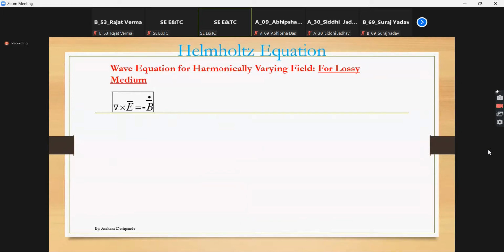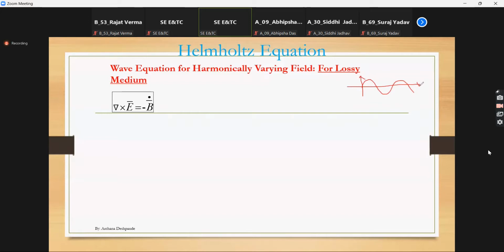Okay, so our signals are sinusoidal. So harmonically time varying fields are the fields which are generated due to sinusoidal variation of the current. Okay, so therefore in engineering, or in your communication domain, we are going to see fields which are sinusoidal in nature.